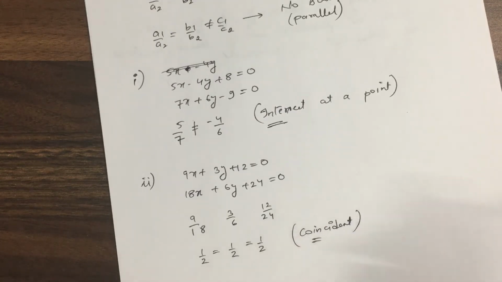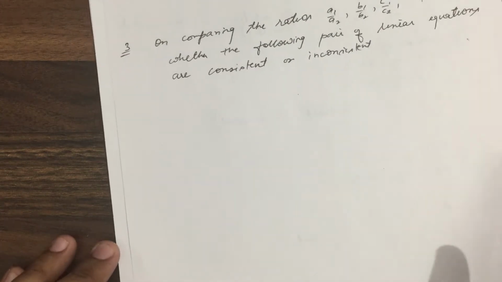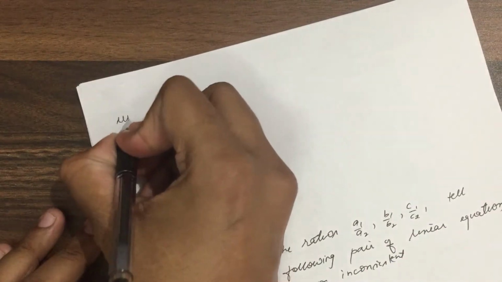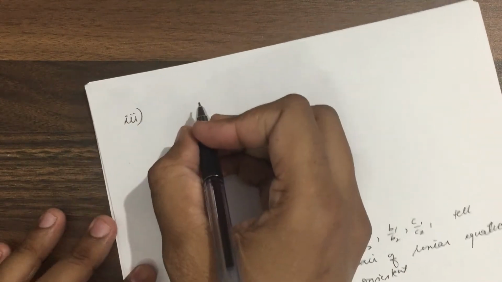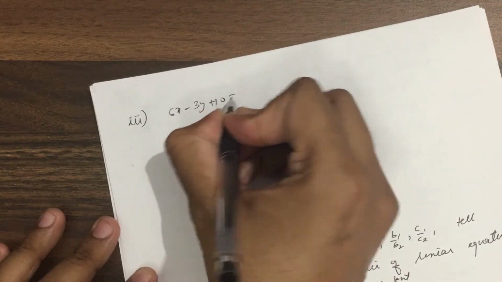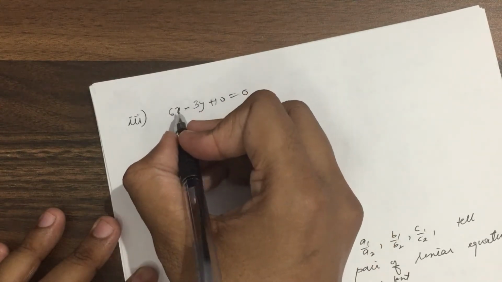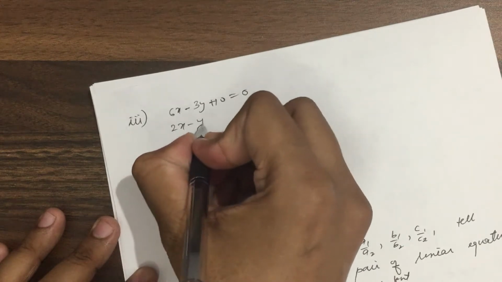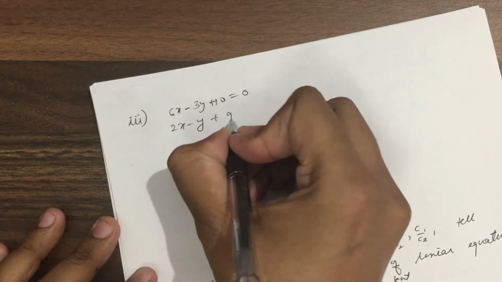Okay. Now comes the third and last part of this question. The lines are 6x minus 3y plus 10 equal to 0 and 2x minus y plus 9 equal to 0.